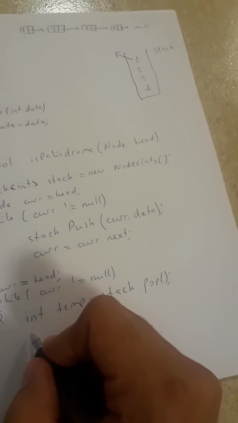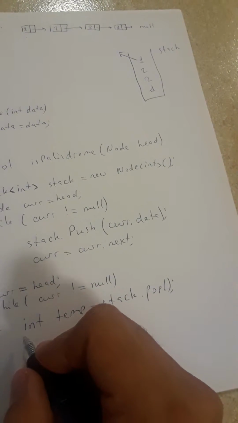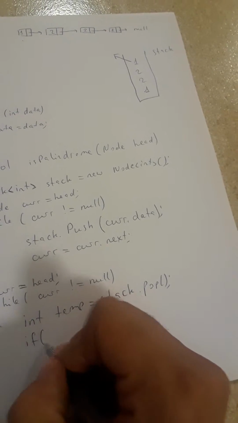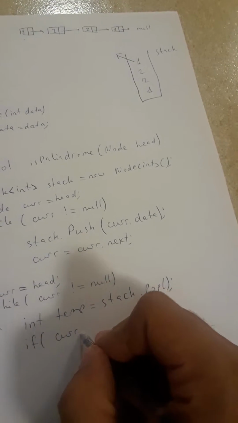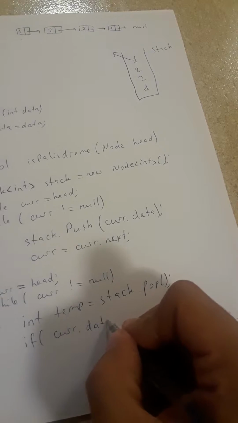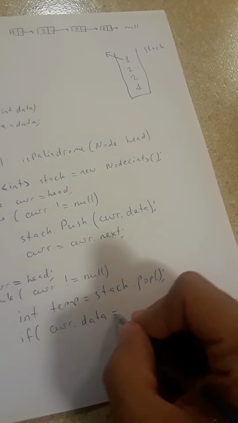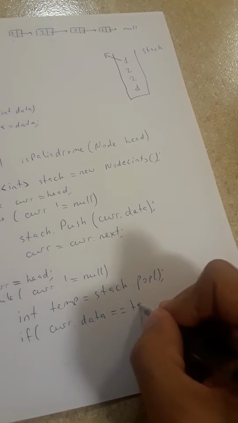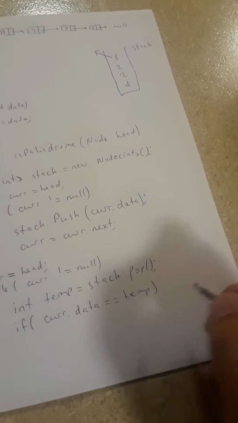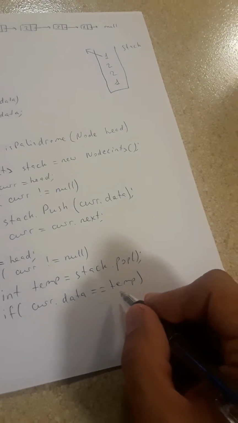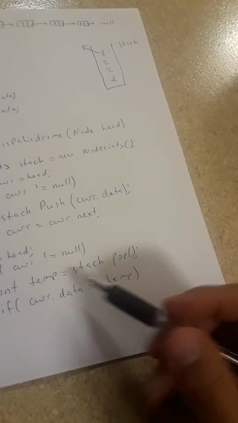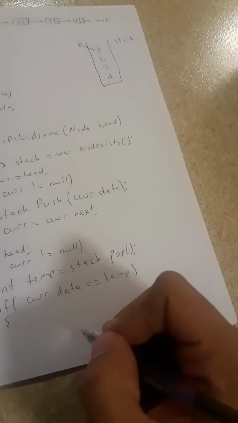Then I will just compare elements from the nodes of our actual linked list with the temporary variable where we will be taking the elements from our stack.